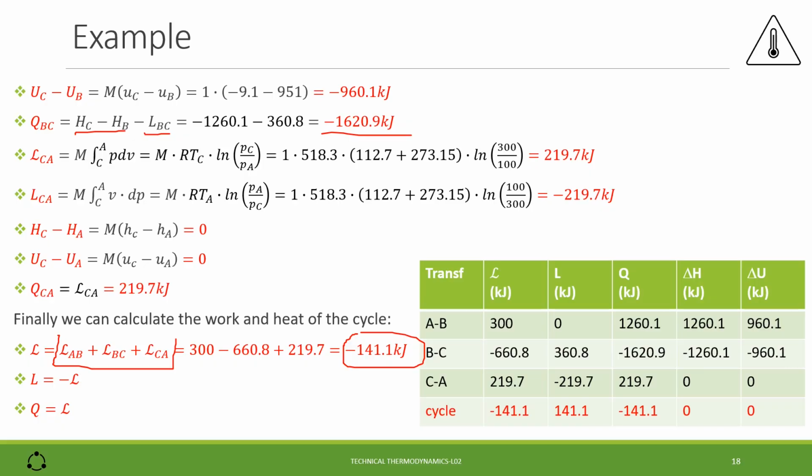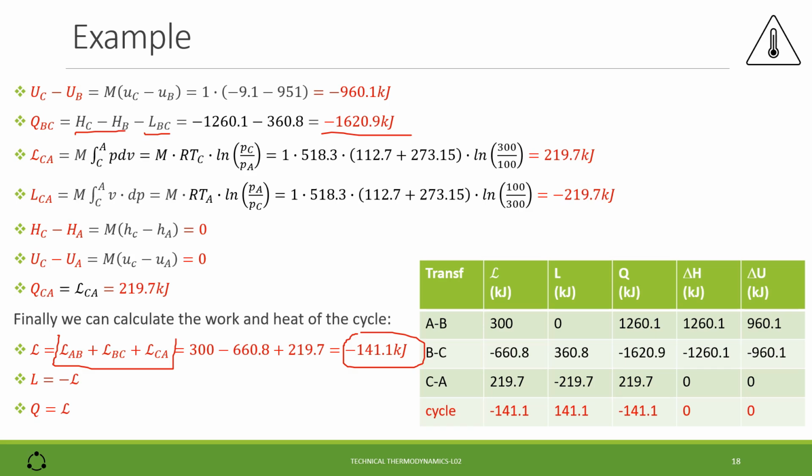We resume all the results in this table. Since the thermodynamic work is negative, the system is demanding work from the ambient. It is an operating machine converting work to heat. The same consideration we could get looking at the PV chart. The cycle is traveled counterclockwise.